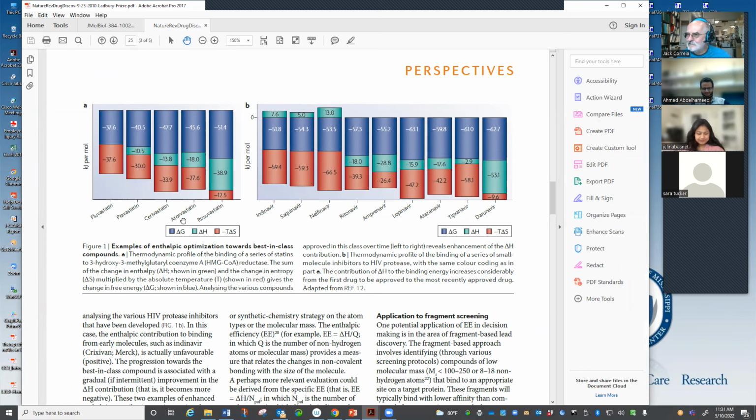These are classes of drugs that are used for the same thing, okay? So this class on the left are statins. I don't expect most of you to know anything about statins. That's Lipitor. That's the one that I'm on. And then all of these are HIV drugs, small molecule inhibitors of HIV protease.